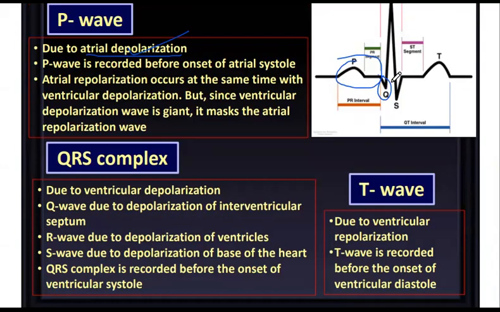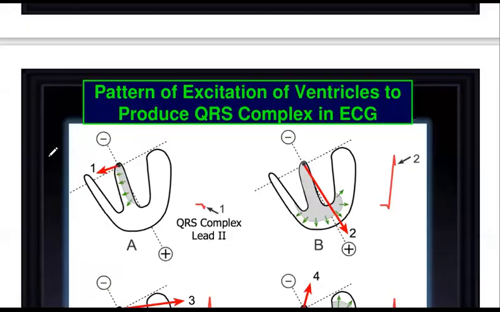So the heart is ready to contract: Q contracted, R contracted completely, and the beginning of relaxation is S. Then the ventricle relaxes, and we have the T wave. So remember: P wave is atrial contraction, QRS is ventricle contraction, and T is ventricle relaxation.